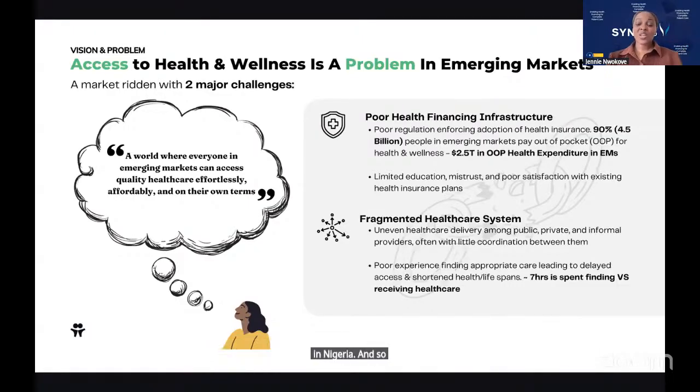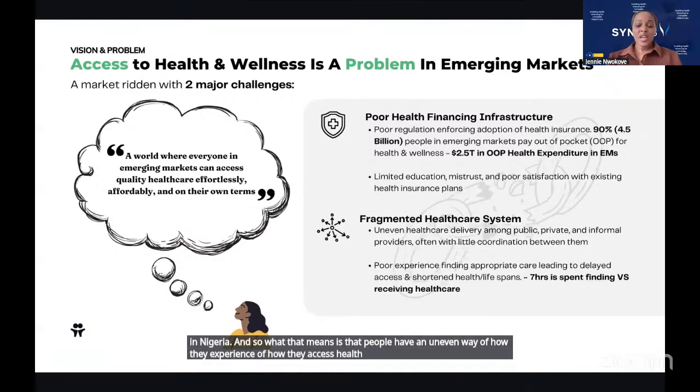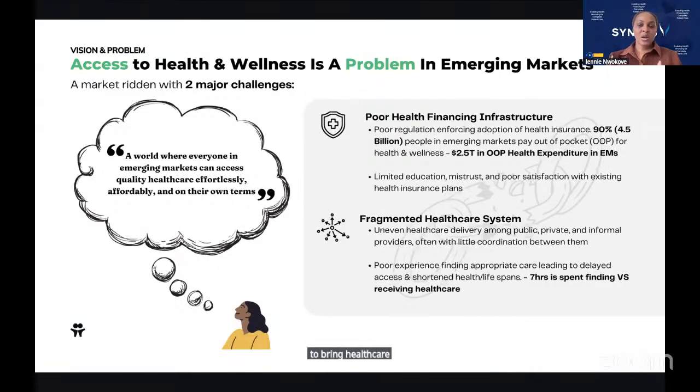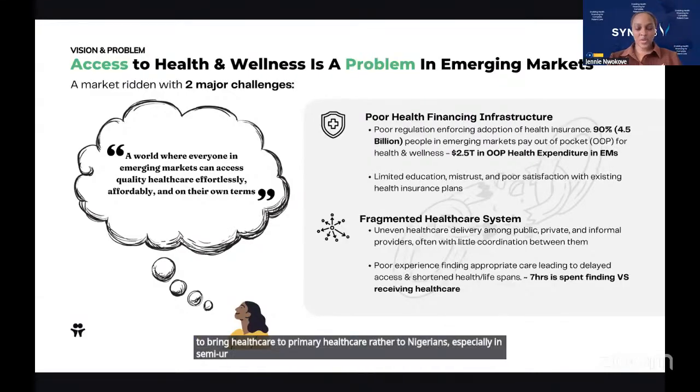And so what that means is that people have an uneven way of how they access healthcare, and it just leads to a poor experience. And that is what we encountered in the market in Nigeria. Just to bring it into context, we started with using community health workers because they are an underutilized resource to bring primary healthcare to Nigerians, especially in semi-urban and rural areas.